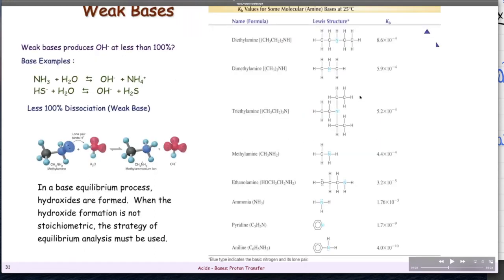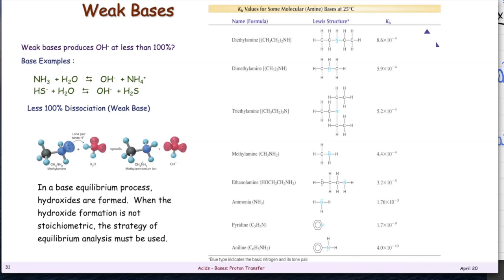Let's talk about bases real quickly here. Bases are very similar to acids, except now you're looking at the reverse direction. Instead of donating a hydrogen, you're accepting a hydrogen. So the solutions are solved the same way.